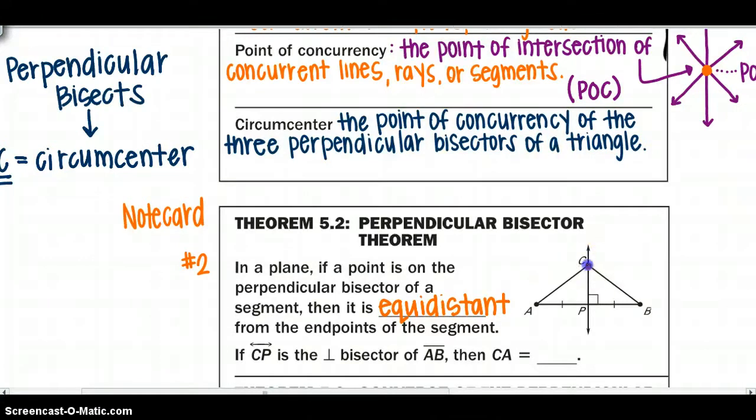So point C is on the perpendicular bisector CP, because P is the midpoint, and that line goes straight through and is 90 degrees. So CP is the perpendicular bisector of AB. Then CA is going to equal CB. And we can use that theorem in some of our problems.